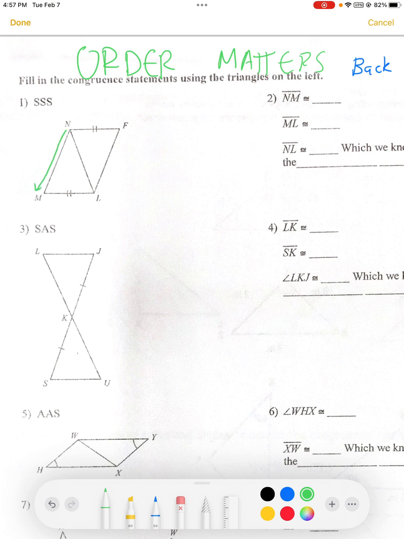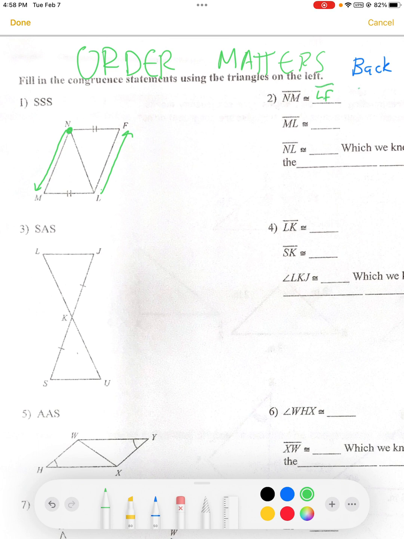We have to match this to make sure that we express it correctly. So for example, we went from N, the point away from the matching side, down to M. So to correctly notate this, we have to go from L down to F. So NM is congruent to LF.